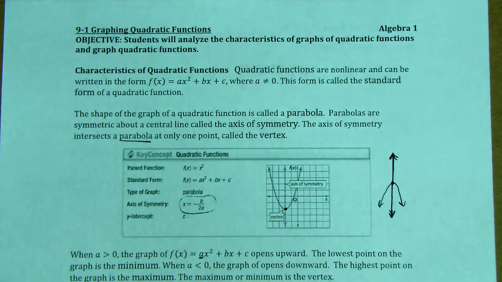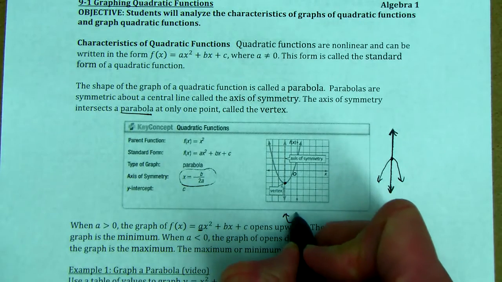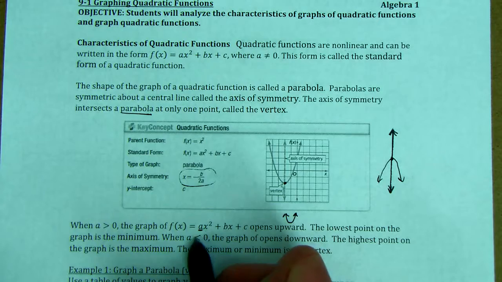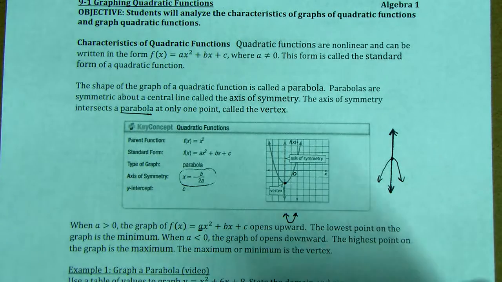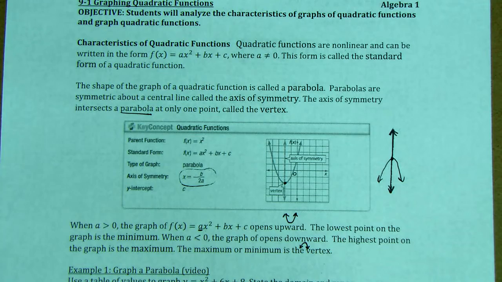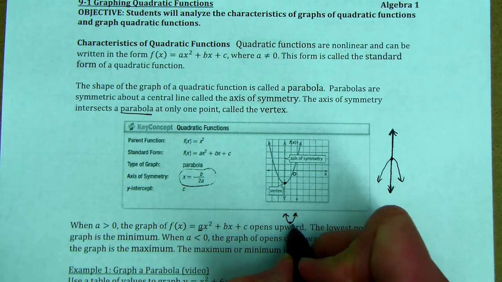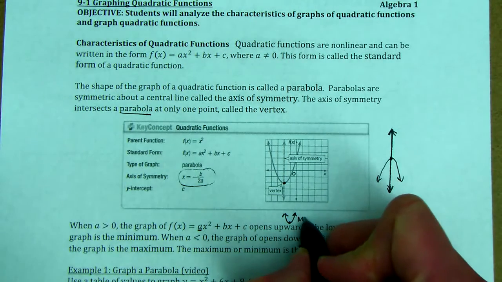And if it is less than 0 or a negative number, you know, it's a negative Nelly, so it's going to look like that and open downwards. And then your vertex will either be a minimum value or a maximum, the highest point or the lowest point.